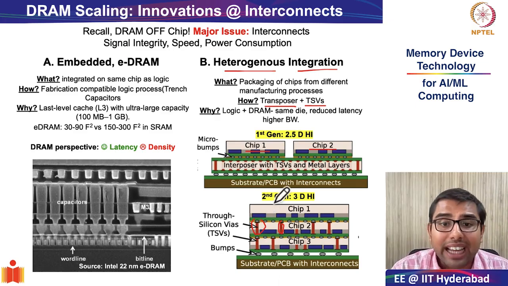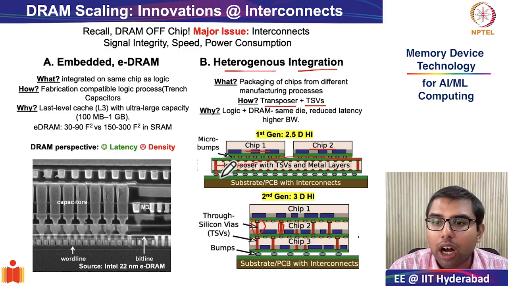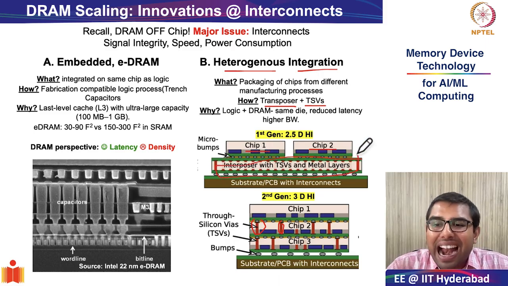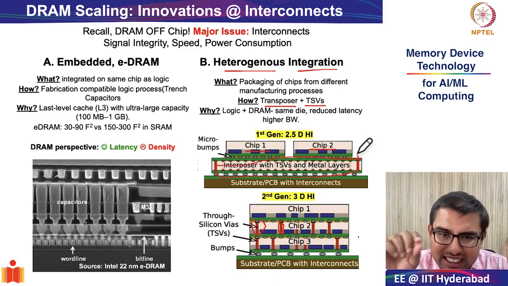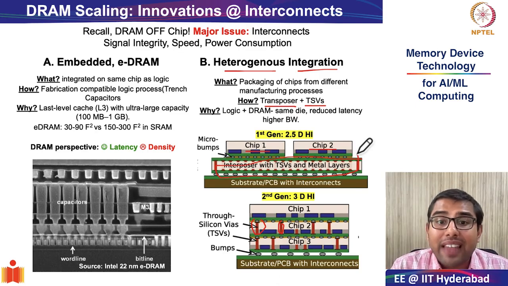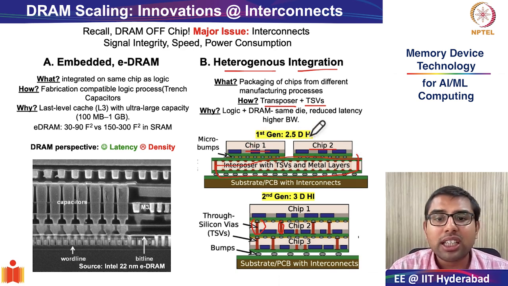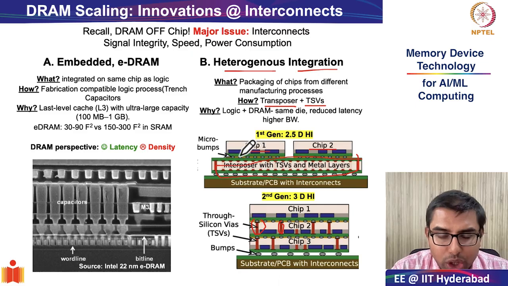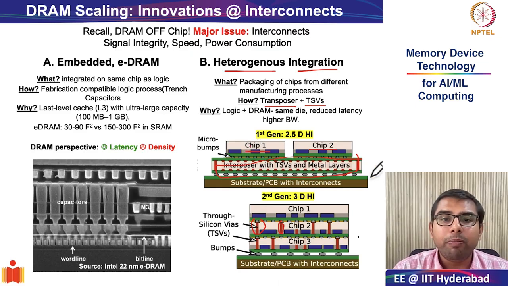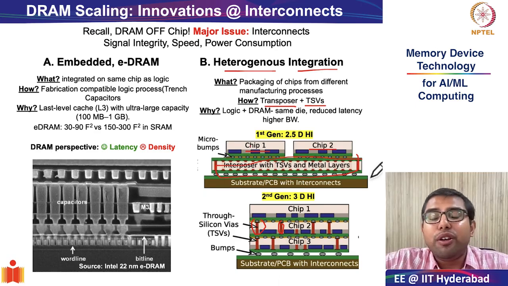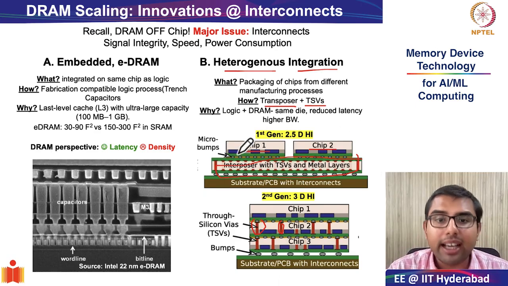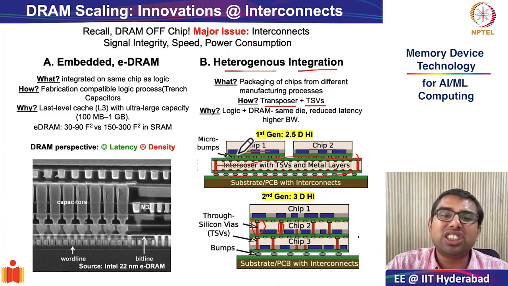And the interposer is basically a common thinned-down flat substrate, generally silicon, that provides the platform to route signals between multiple chips. So these are your multiple chips, chip 1, chip 2, and you have your interposer layer on which these chips sit, and through silicon vias connect these chips with each other.